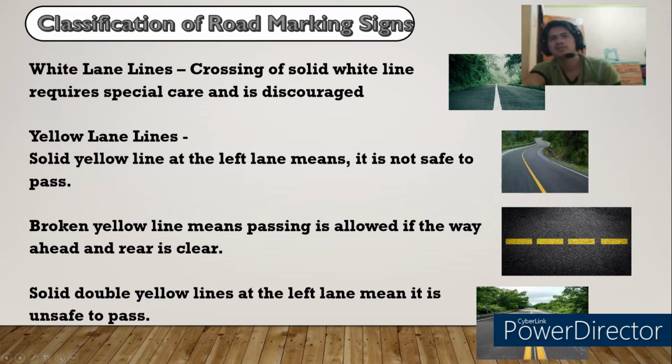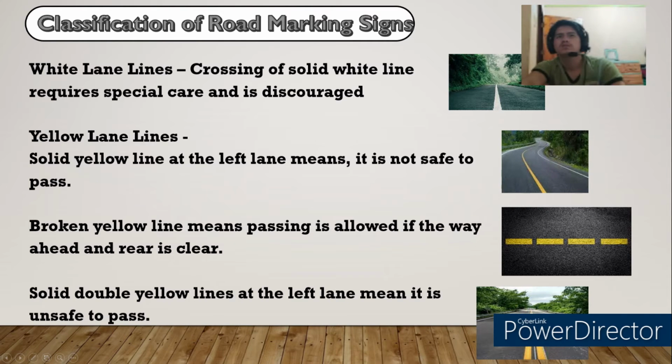Next is the yellow lane lines. Solid yellow line at the left lane means it is not safe to pass. So yellow lines indicate that the traffic is going in different directions. So do not cross the solid yellow line unless you are making a 90-degree turn into a parking spot or establishment.